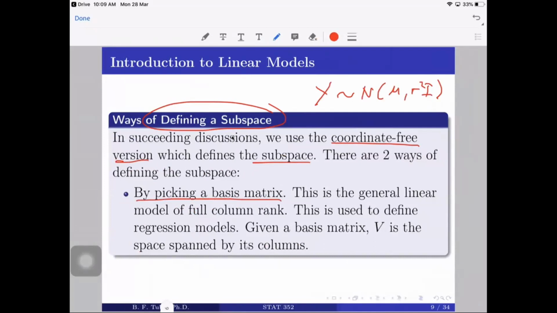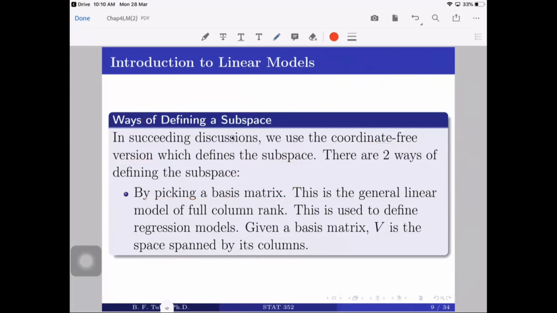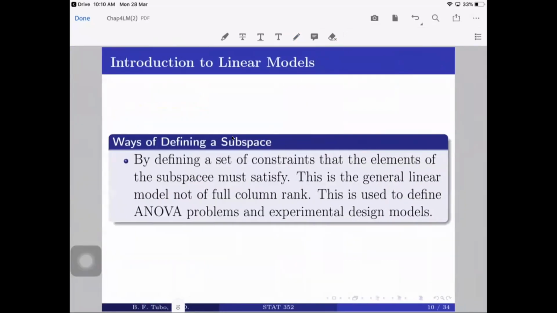One is you pick a basis matrix, then this is the general linear model of full rank, because when it is a basis, it has a rank. And this is used to define the regression models, given a basis matrix, and V is spanned by its columns because it is a basis matrix. Another way is to define some constraints that the elements of the subspace must satisfy.